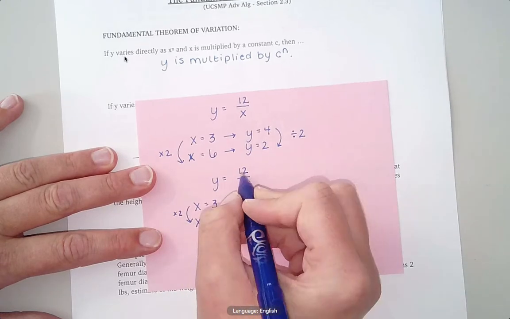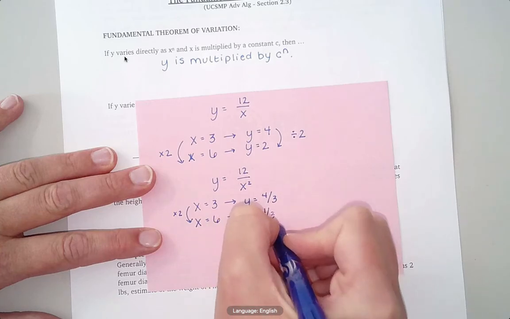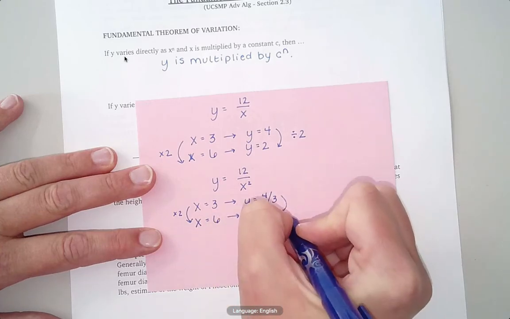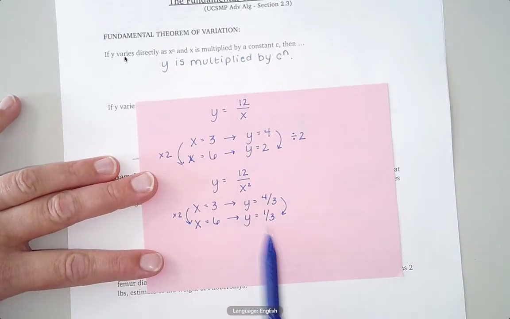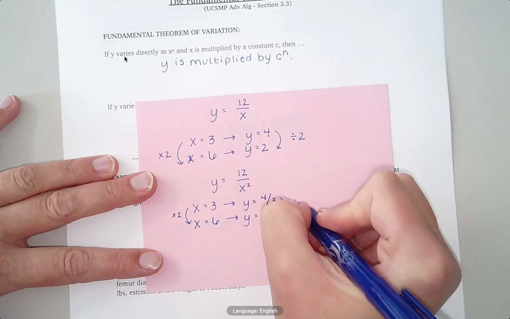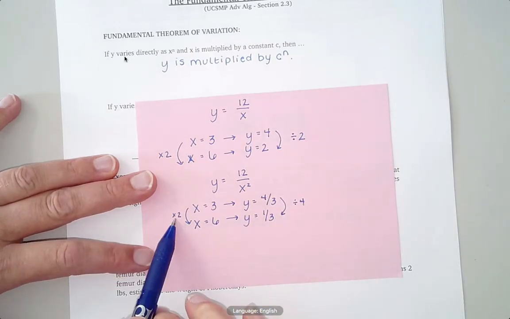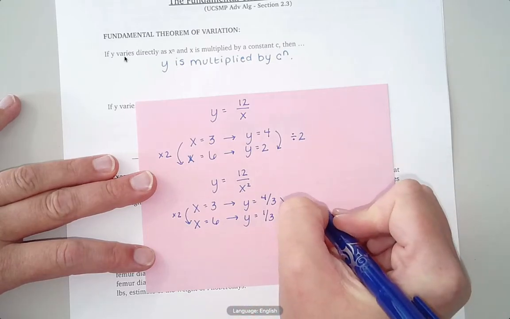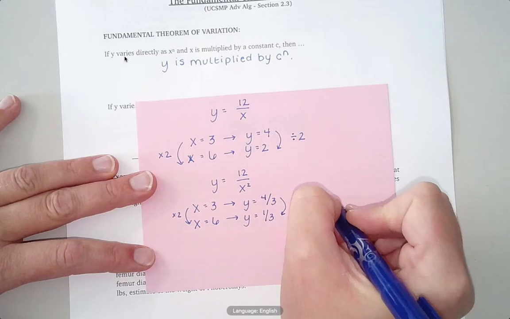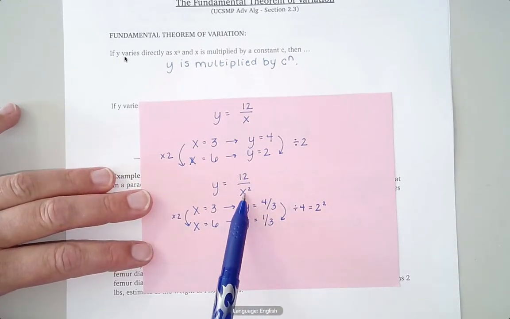Well, that would be 12 over 36, which is 1/3. And I know these are fractions, and I know they're a little bit scarier, but the relationship between 4/3 and 1/3 is the 4/3 got divided by 4 here. Okay, so when we multiplied by 2, over here we got divided by 4. Divided by 4 is really the same thing as 2 squared. So we still have that squaring thing going on because our equation has a square in it.